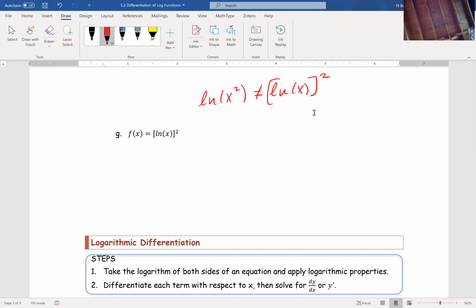Those two functions are not equal. Right, this first one, the x is squared. The second, the whole quantity is squared. In this case, you can take the 2 down. In this case, you cannot.